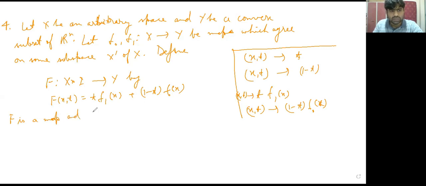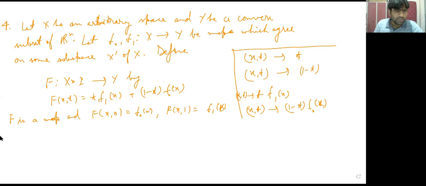And F(x,0) is what you just see here. T equal to 0, this is 0, then this is f naught x. F(x,1) equal to f1 x. See, 1 minus 1 is 0, so this is f1 x.